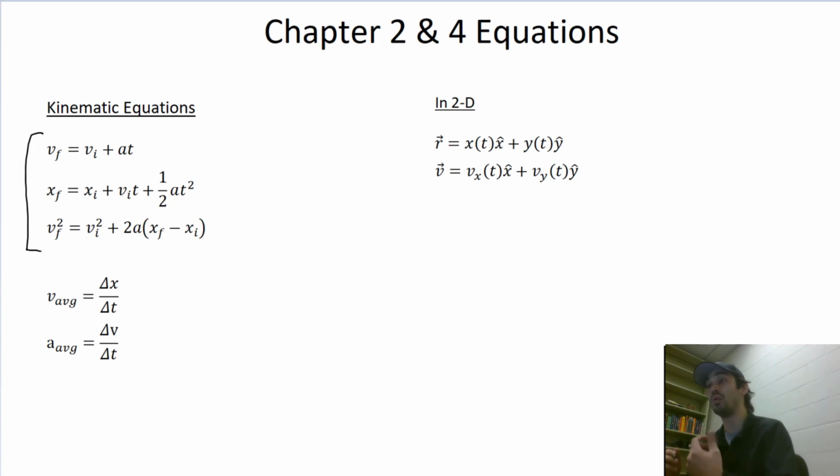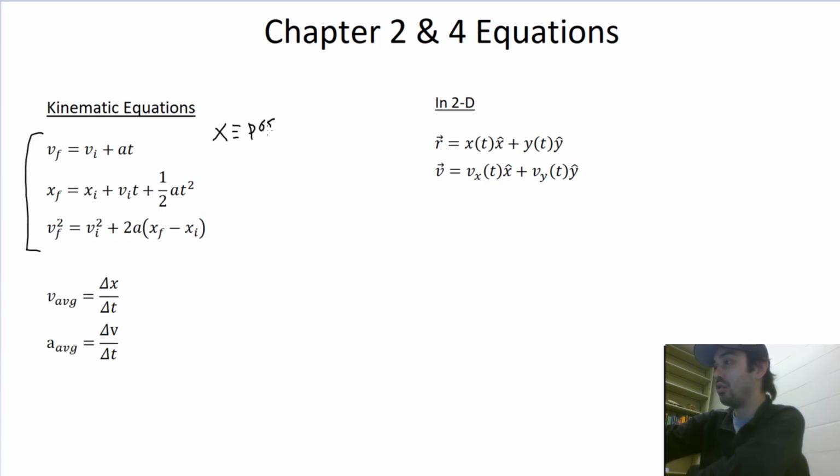To remind you what all of these symbols mean, x is going to be the position, v is going to be the velocity, and a is going to be the acceleration.